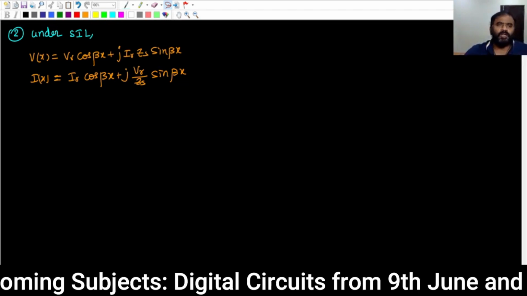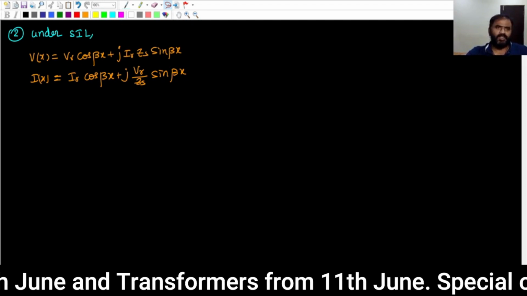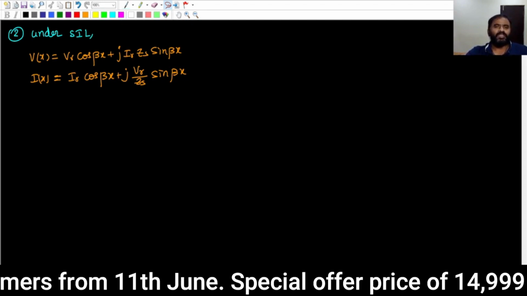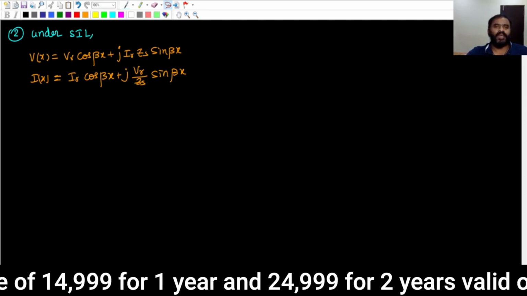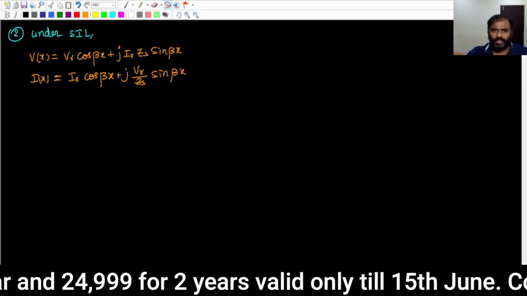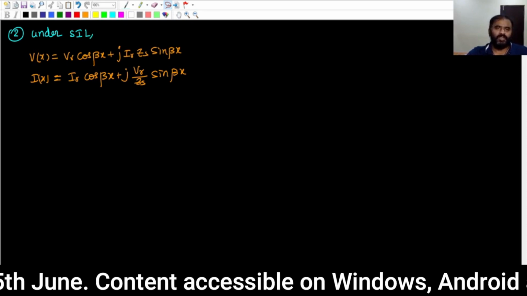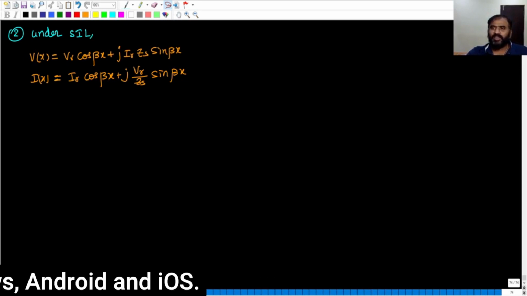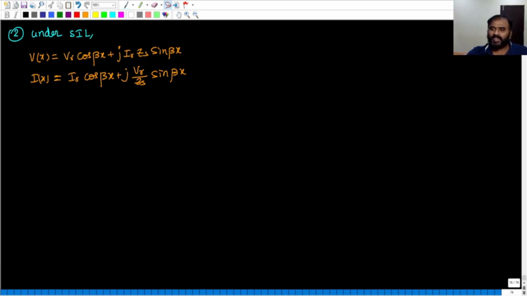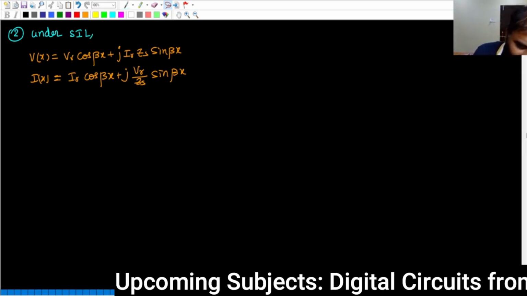What about the relation between VR and IR ZS? Because under surge impedance loading, IR ZS is nothing but what? VR only. Correct or not? IR into ZS is nothing but VR only, under surge impedance loading, I am saying. So IR ZS is what now? VR. Correct or not?